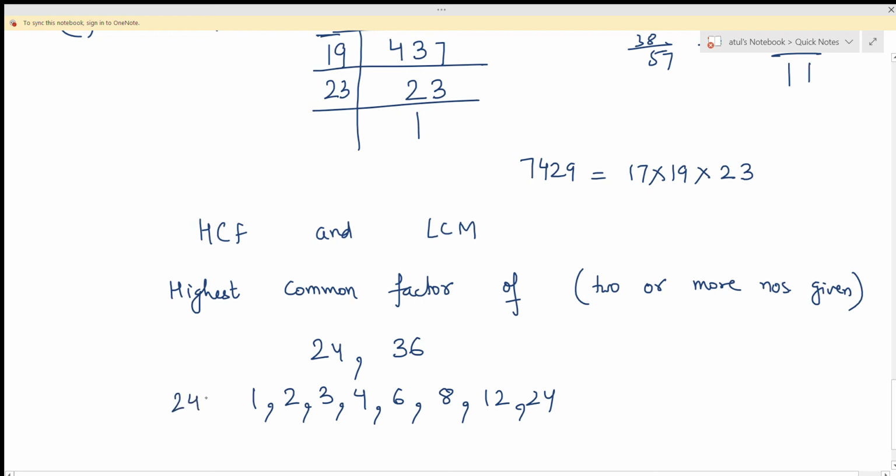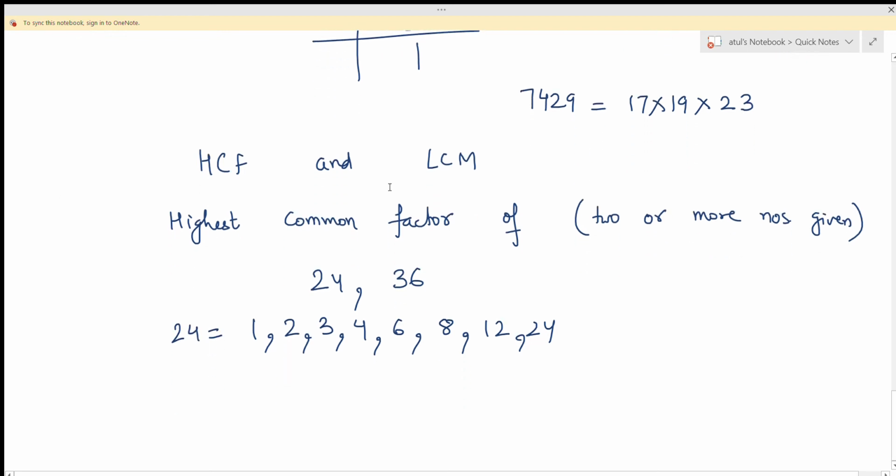These are the factors for 24. Let us find the factors for 36. For 36, the factors are 1 and 36 is there already. Then 2 eighteens are, then 3 also, 3 twelves are, then 4 nines are. And then 6 is also there, yes, because 6 sixes are 36.